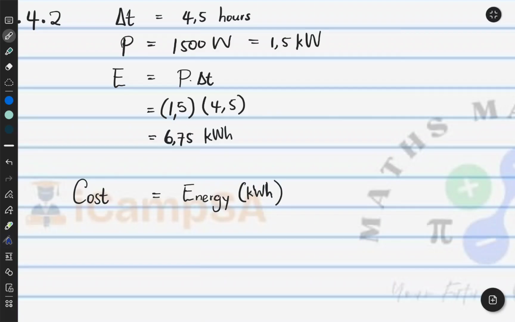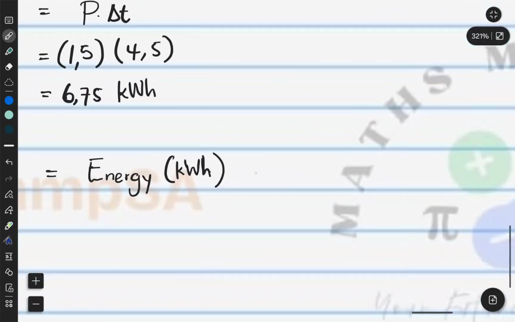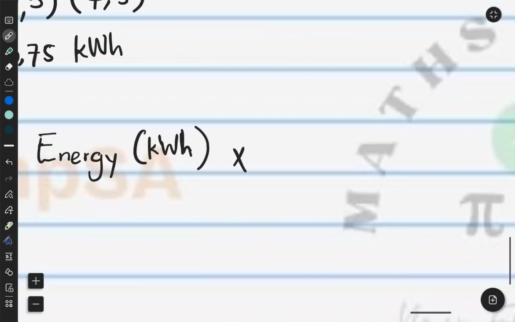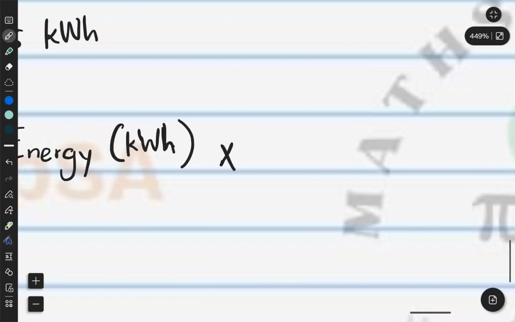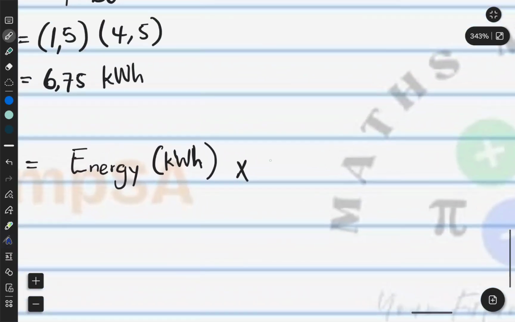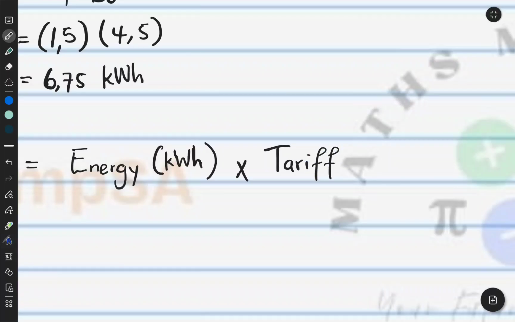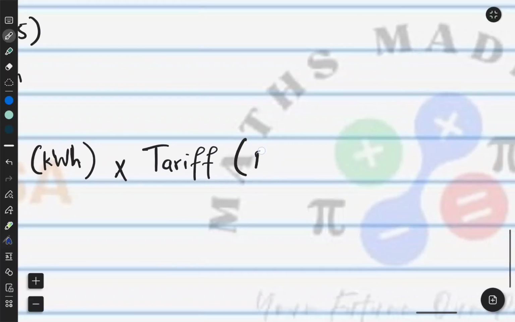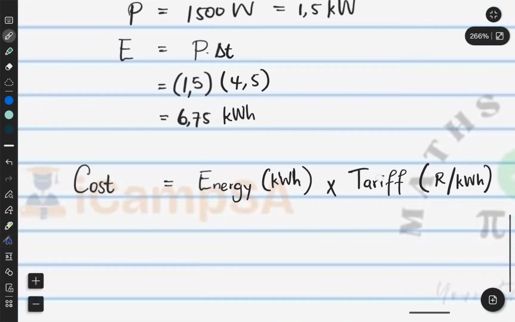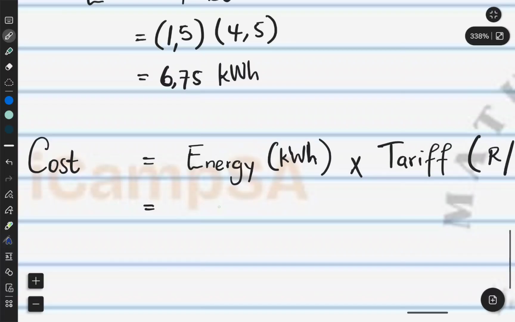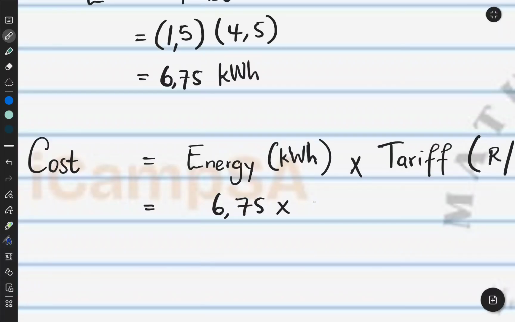Must be careful with the units: the W is a capital letter, and the K and the H are small letters. And then my tariff. The tariff is usually in rands per kilowatt hour. So now I will say 6.75 times 2 rands and 37 cents.